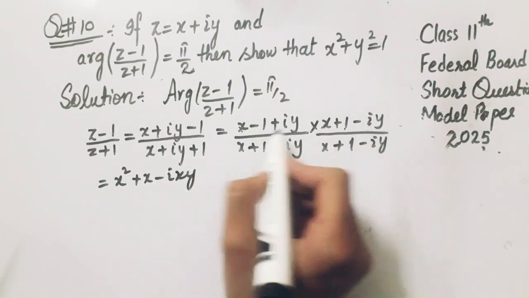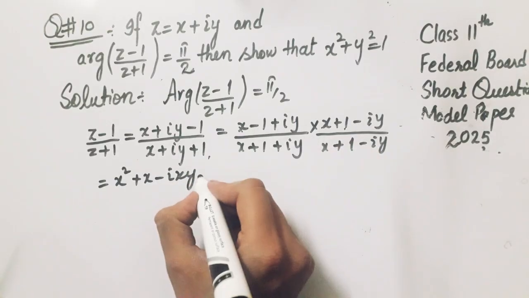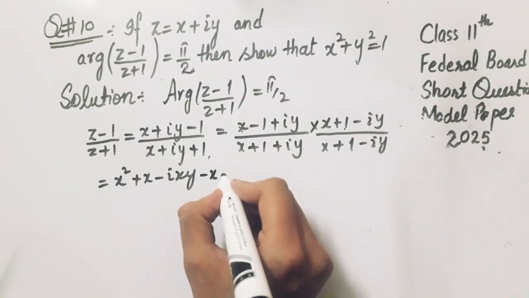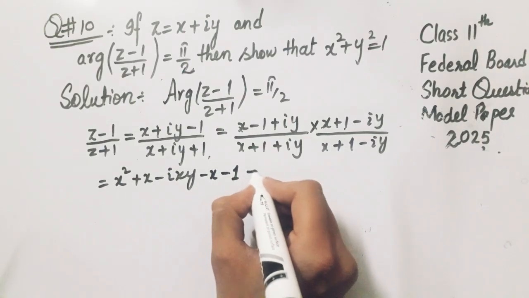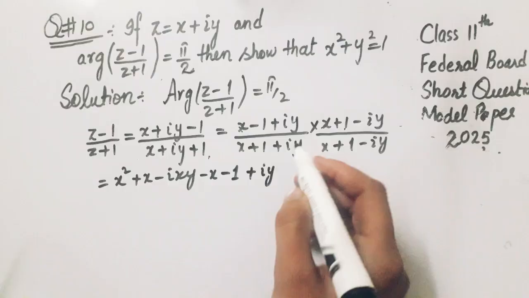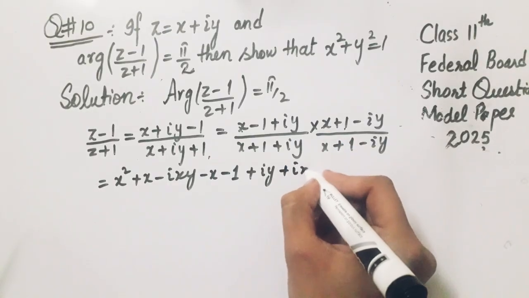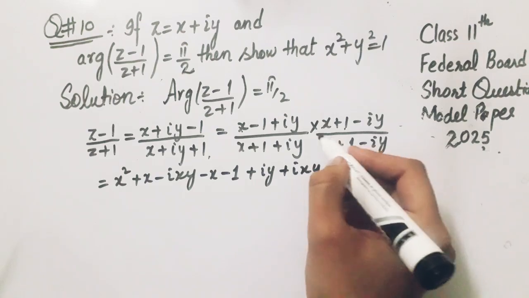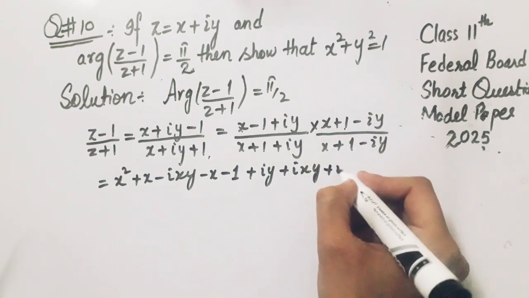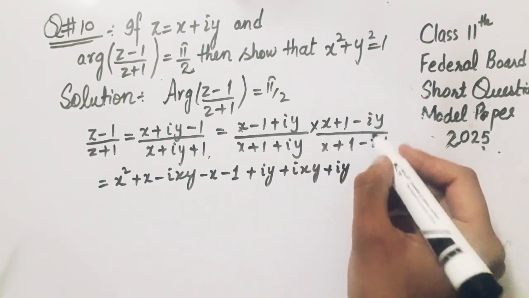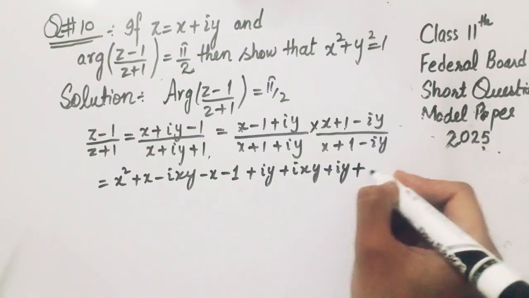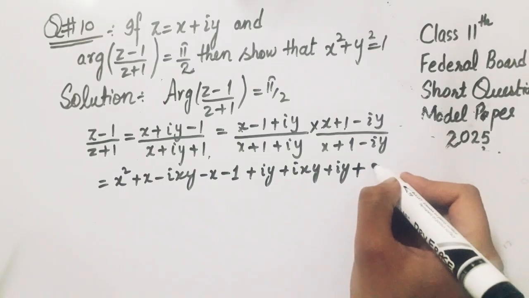Then we have minus 1 multiplied by this: minus x, minus 1, plus iota y. Then multiply iota y by this: we have plus iota xy, then plus iota y, then minus times minus, iota square is minus 1, so plus y square.